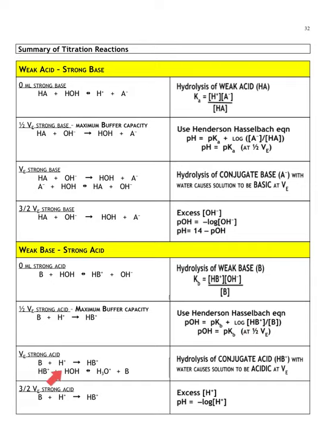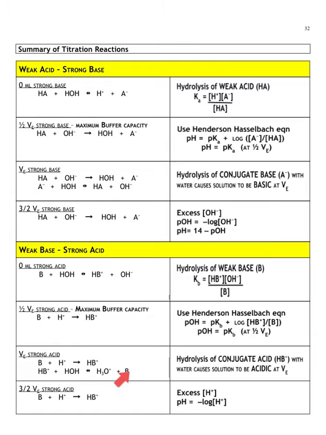Beyond that, at the equivalence point, you have equal amounts of the weak base and the strong acid. And at that point, you see that the conjugate acid of a weak base is stronger than water, and so it hydrolyzes with water. So water breaks it up, and when water breaks it up, you're going to see the acid H plus, or the hydronium in this case because there's water present, and of course the base.